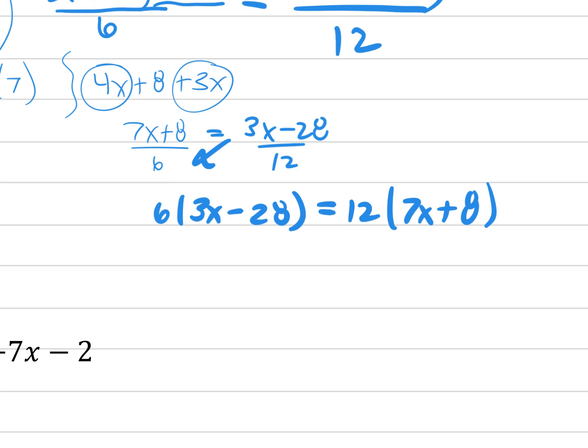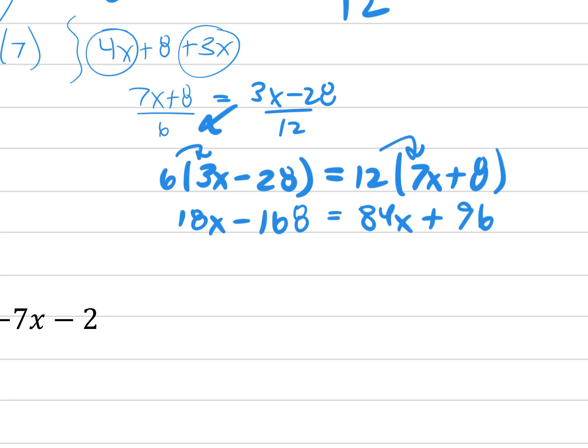Okay. So what do I get? 18x. 168. Do we agree? Yes. Okay. Equals what? Do we agree? All right. Now what? You want to subtract 84? I agree. So I'm going to move it over here. And then what? Add 168. Okay.